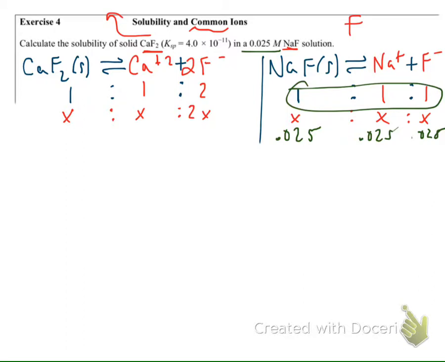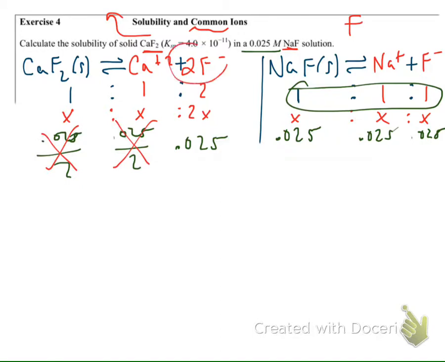If we want to now relate these two equations, we can say that the F minus concentration there comes over here, and we can say that this is 0.025. We cannot say in this instance that this would be half, or 0.025 over 2, and this would be 0.025 over 2. We cannot say that because these are two different compounds. We know the F minus part of it, but the Ca and the CaF2 are completely different.